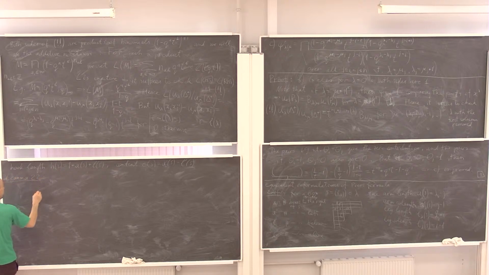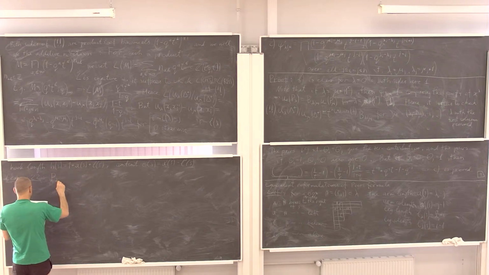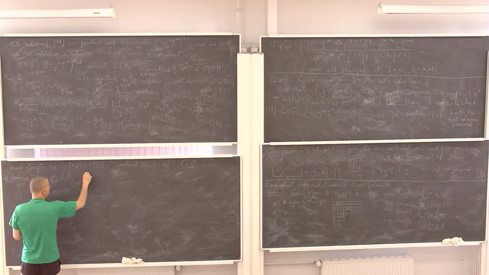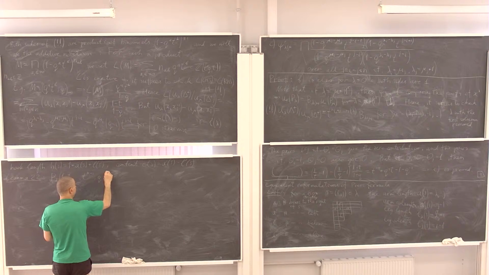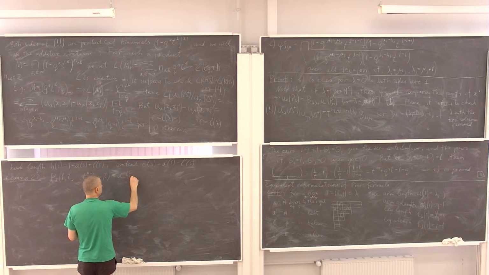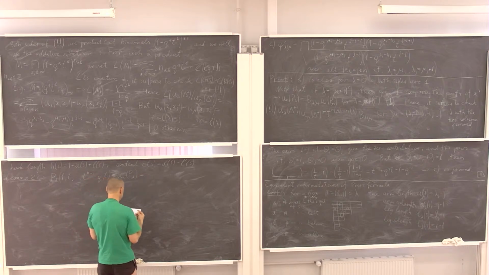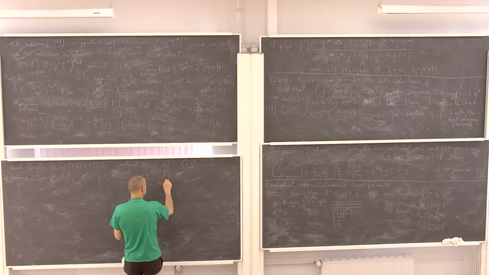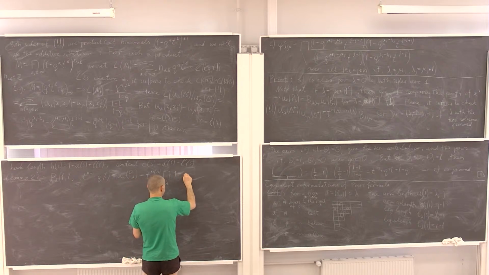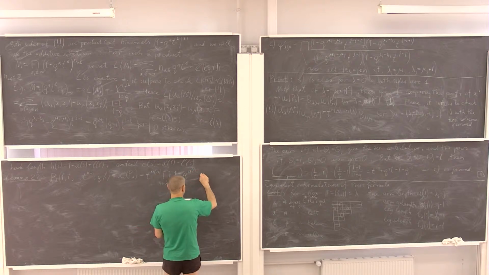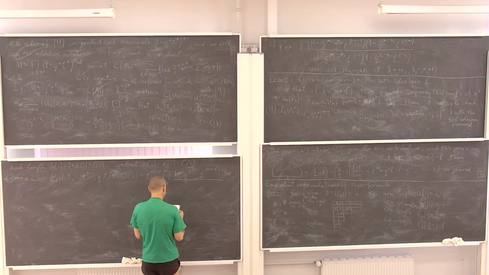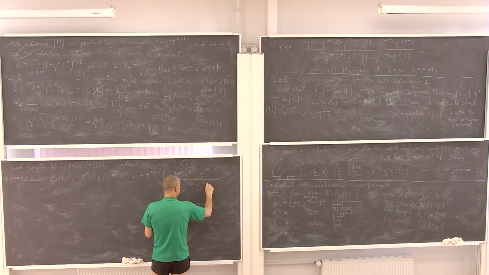So our next lemma 22 says that the specialization of a Macdonald polynomial at 0, P lambda, is equal to t to the power n of lambda, product over all boxes in our Young diagram, 1 minus q to the power a prime of s, t to the power n minus l prime of s, arm and leg colengths, over 1 minus q to the power a of s, t to the power l of s plus 1.